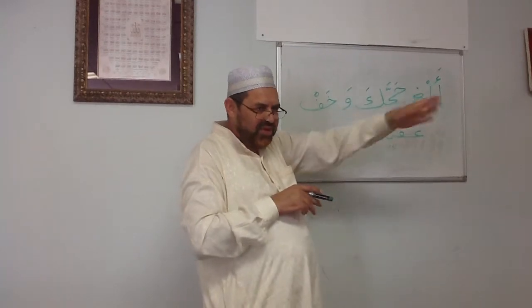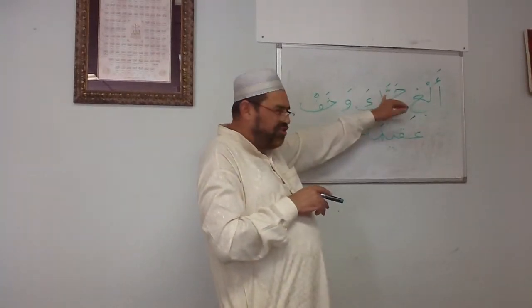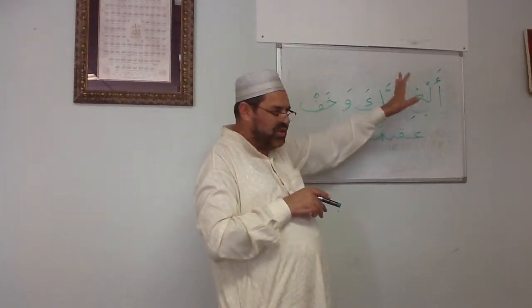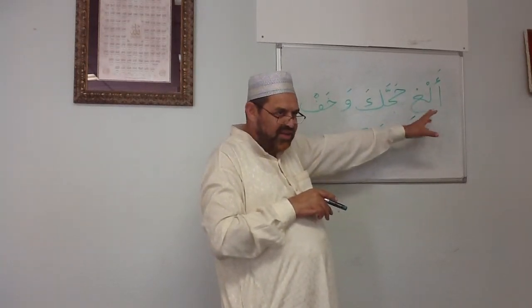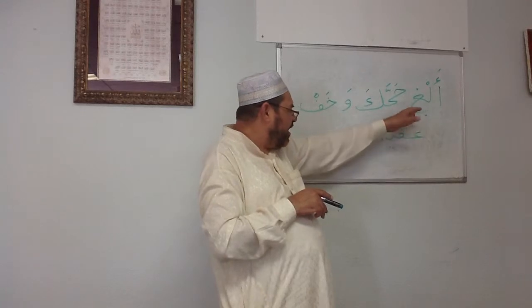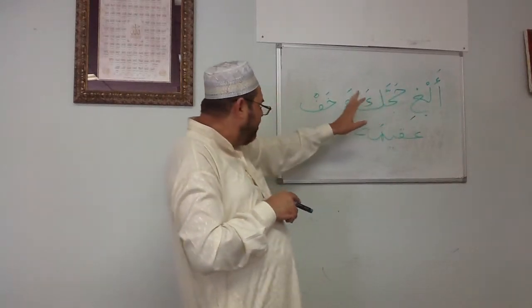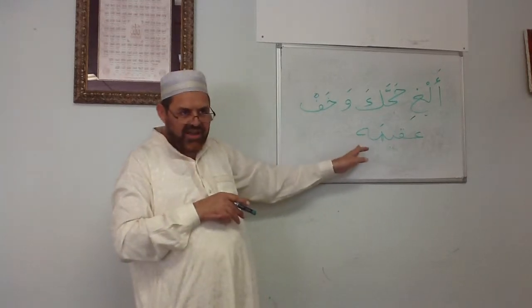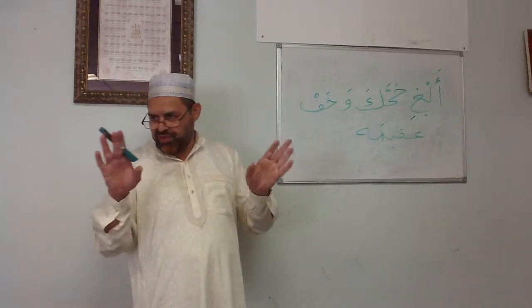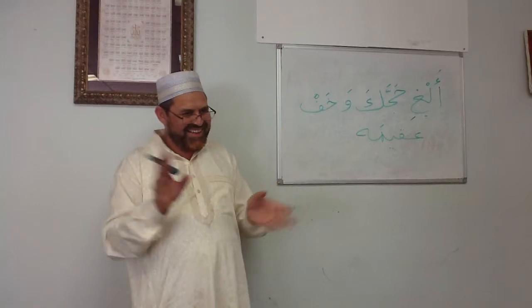You don't have to do anything with that, neither shadda or sukoon. Just these letters. We have to memorize these letters. So, hamza, ba, ghain, ha, jim, kaf, waw, kha, fa, ain, qaf, ya, mim, and ha. They are all 14 letters, moon letters.